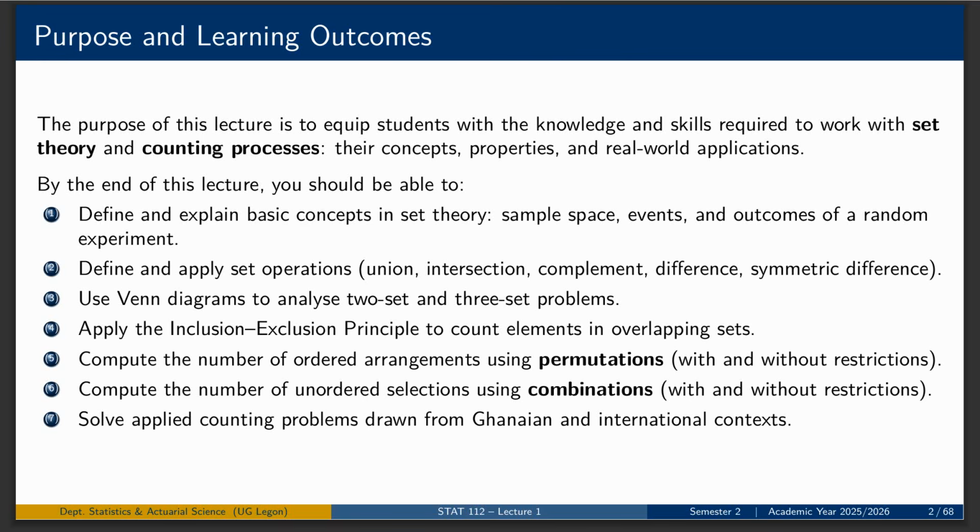By the end of this lecture, or completion of this section of the course, you should be able to define and explain basic concepts in set theory. For example, when we say sample space or event, outcomes of a random variable, and so forth, what do they mean and how do you define and explain them to a layman? You should also be able to define and apply set operations, and these are things you've done at the SHS level: union, intersection, complement, difference, symmetric difference, and so forth.